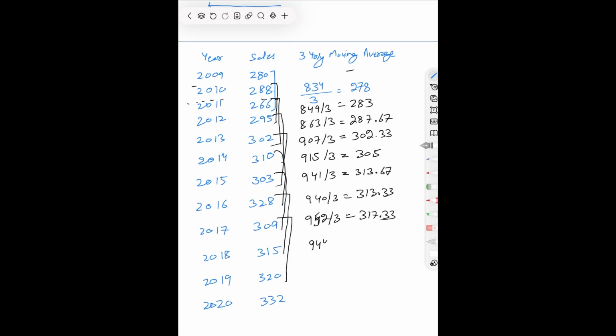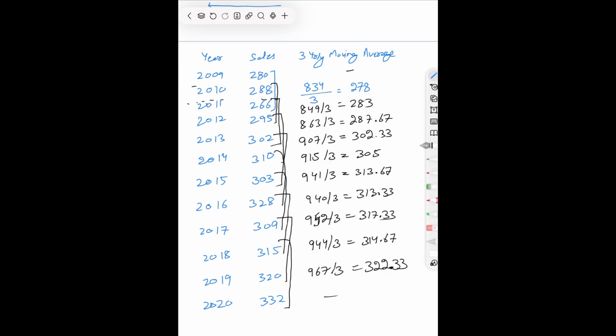So 944 by 3 is 314.67. Then 315, 320, 332 divided by 3, it comes to 967 divided by 3. So this will come to 322.33.